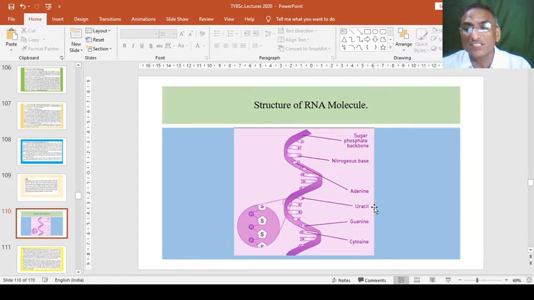This uracil is instead of thymine in the DNA. So thymine is replaced by uracil in RNA. These are the nitrogenous bases that I have told you about, the 4 bases, and this one is the phosphate sugar backbone, and the backbone has the structure as such.